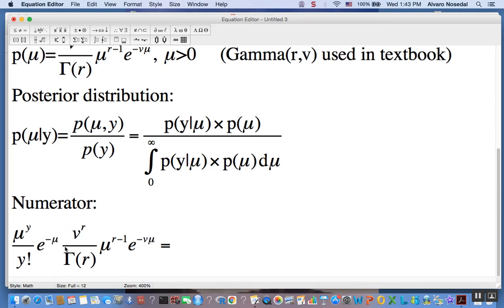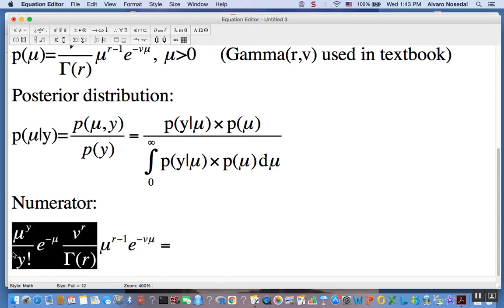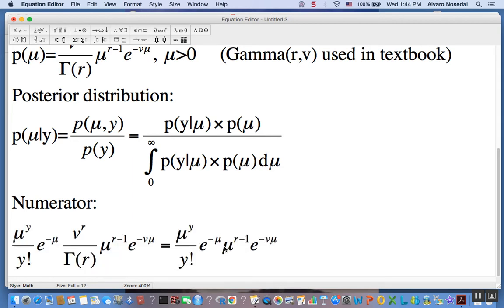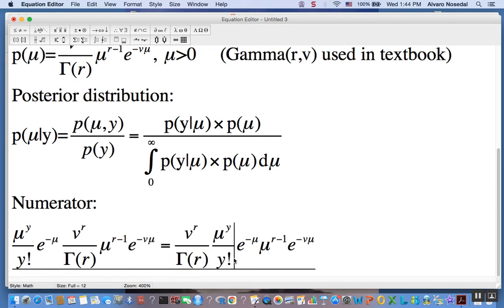So we could make it look nicer. We could just rearrange these guys here. Let's place that constant here first, right?